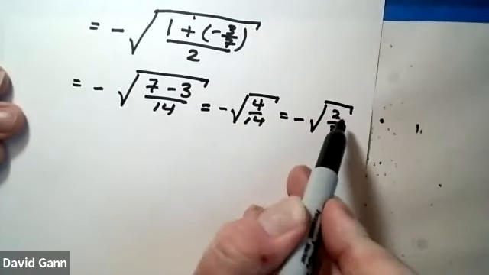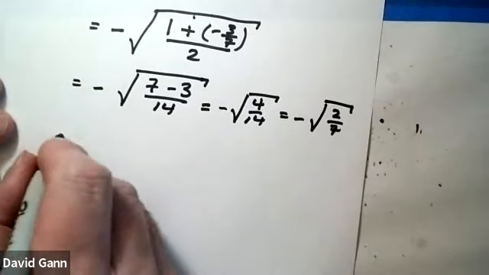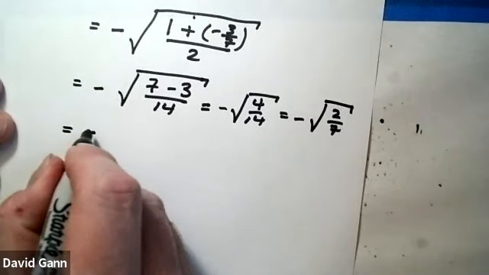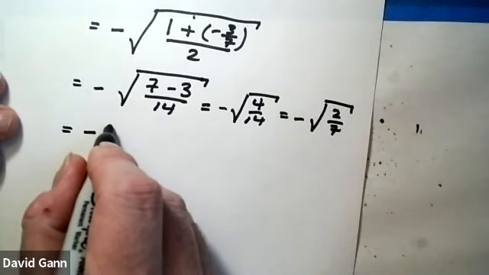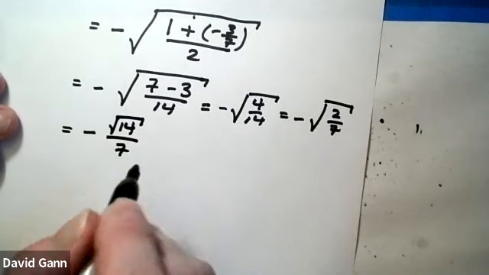And now we'll rationalize this by multiplying everything by the square root of 7 over square root of 7. We end up with the net result that this is minus square root of 14 all over 7.